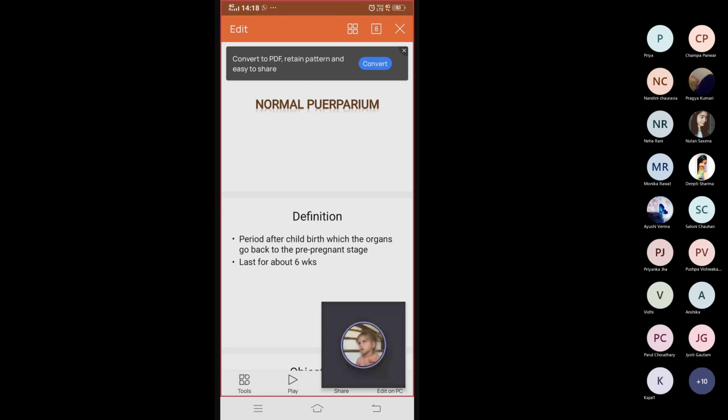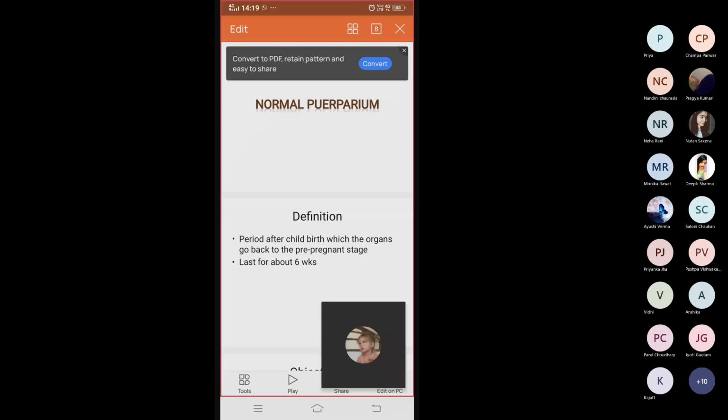Okay, ma'am. Yes. So today we will start with the next unit, that is normal puerperium. From the word puerperium, it is understood that it is a time period, or a duration of 6 weeks, starting from after the delivery of the baby till 6 weeks.